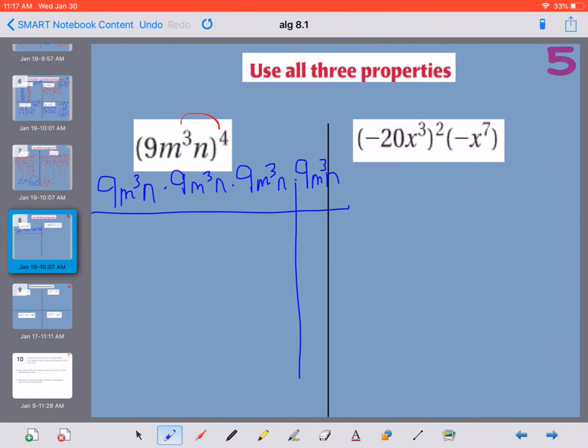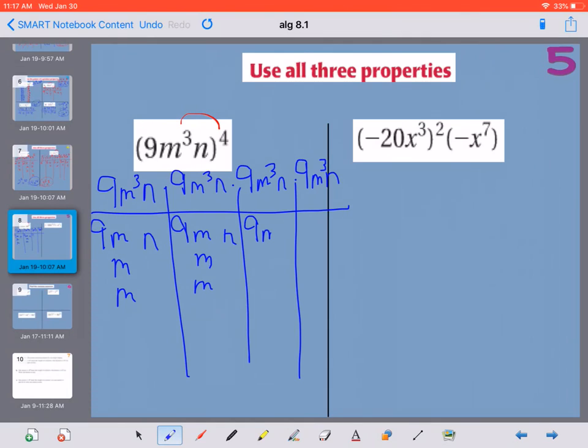So if we counted these all out, we'd have 1 9, 3 m's, and an n, repeated for each of the four groups.